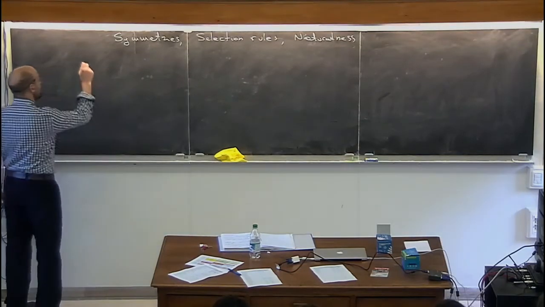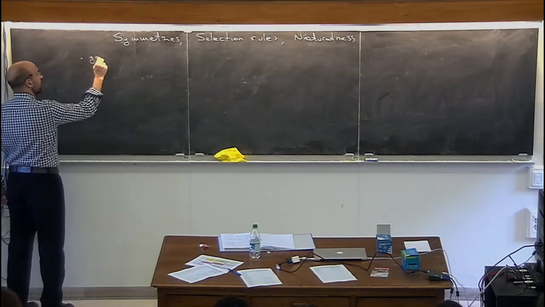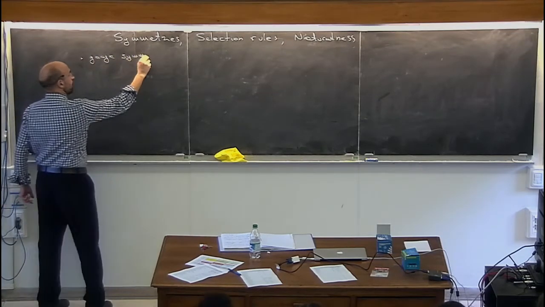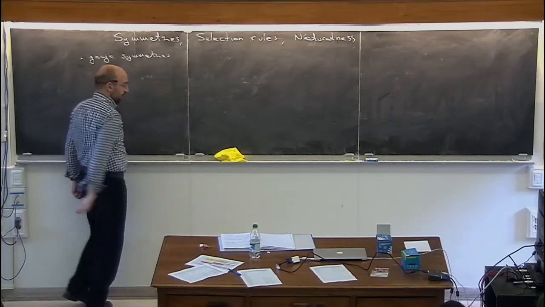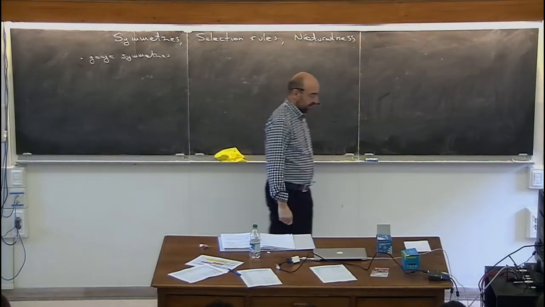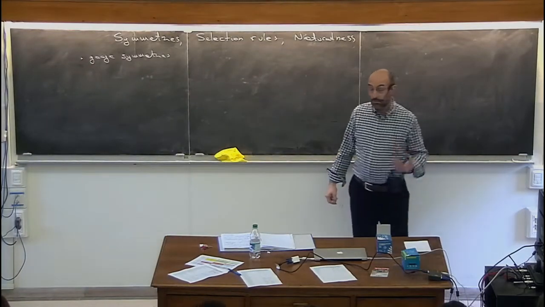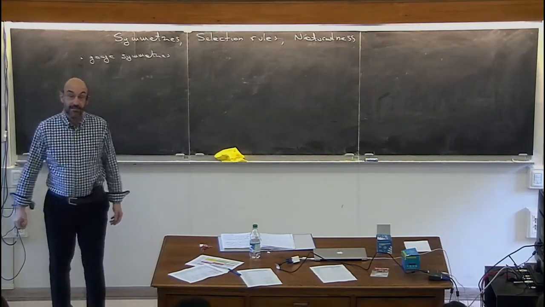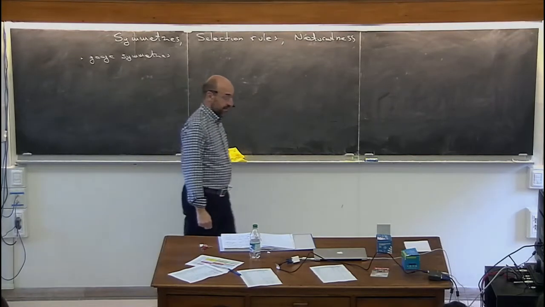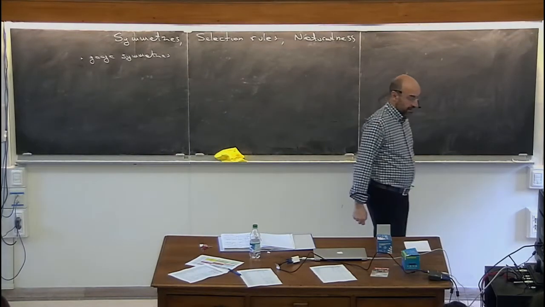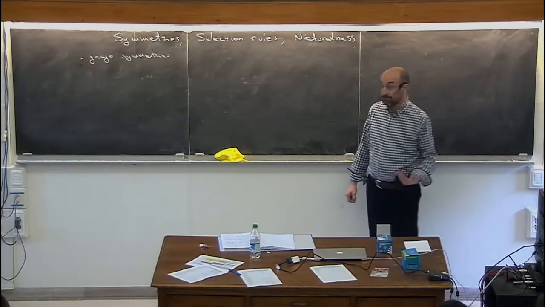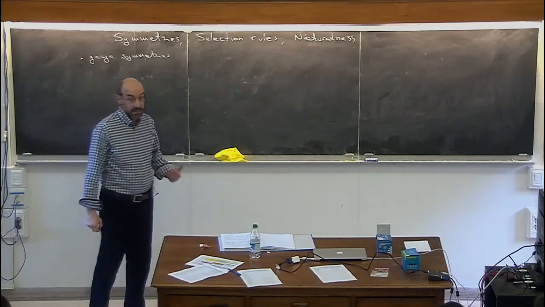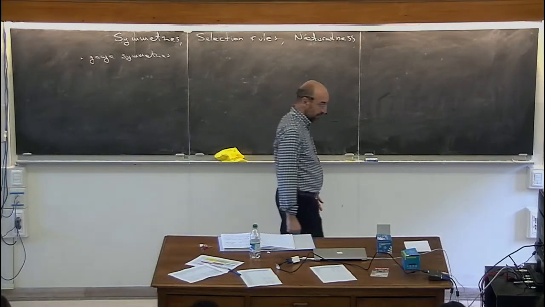The first class is gauge symmetries. So gauge symmetries are actually redundancies that are needed to write in a manifestly local and Lorentz invariant way the Lagrangian, the action, describing the dynamics of particles with spin higher than or equal to 1.